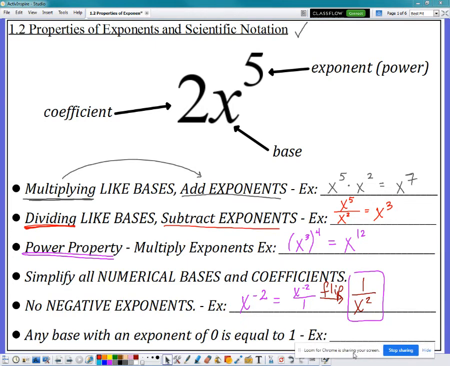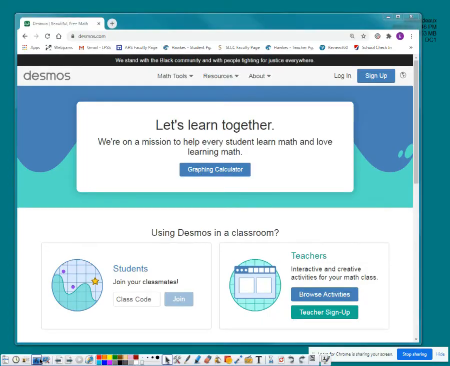All right. Another thing you also need is that any base with an exponent of 0 equals 1. So for example, if you have 50 raised to the 0 power, that will equal 1. Any number, any base raised to a power of 0 will always equal 1. And if you don't believe me, we have a lovely Desmos calculator.